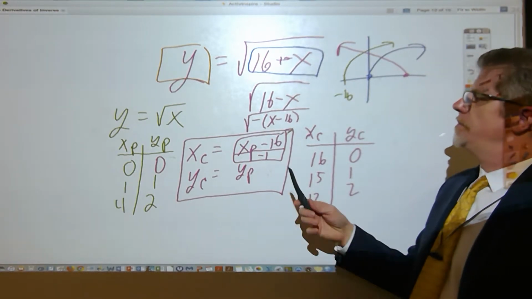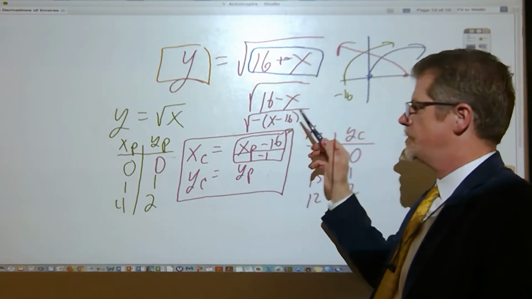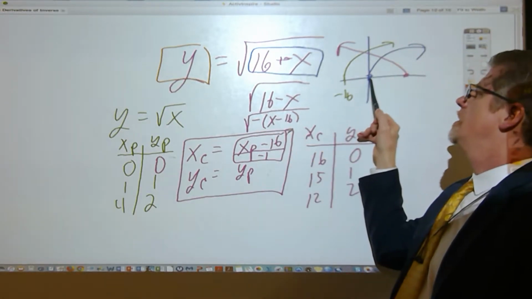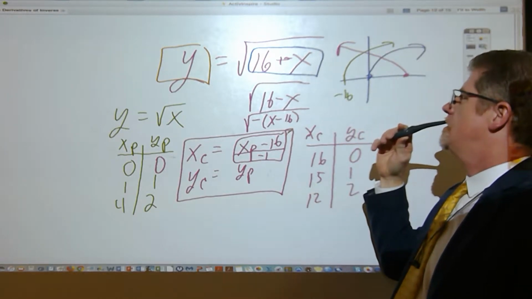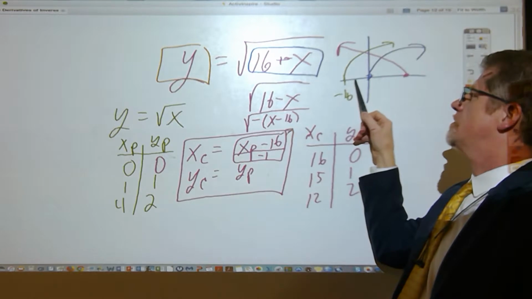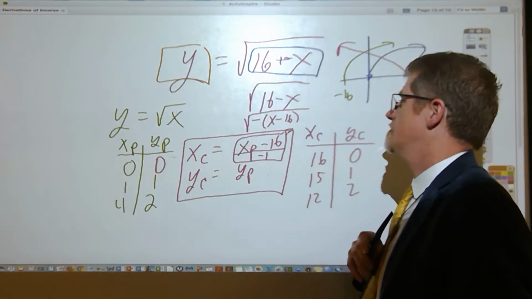And that may have brought up the issue of what order you do this in. Because if you go left 16 and reflect over the y-axis, you get something different than if you reflect over the y-axis and then go left 16. So the order really does matter here.